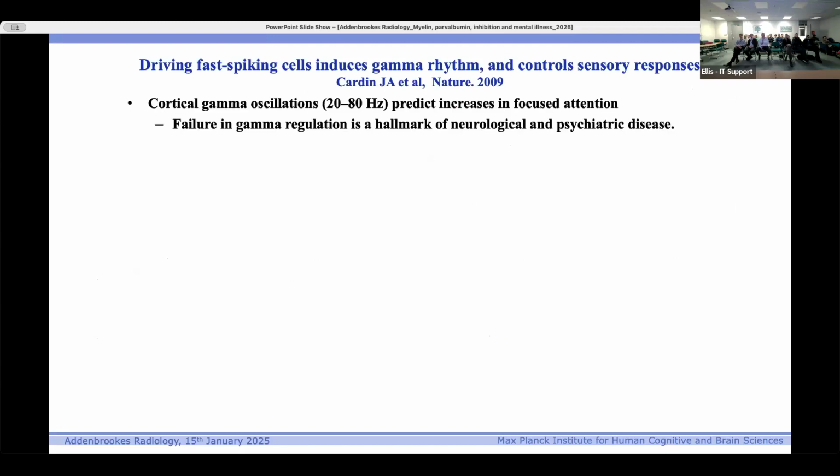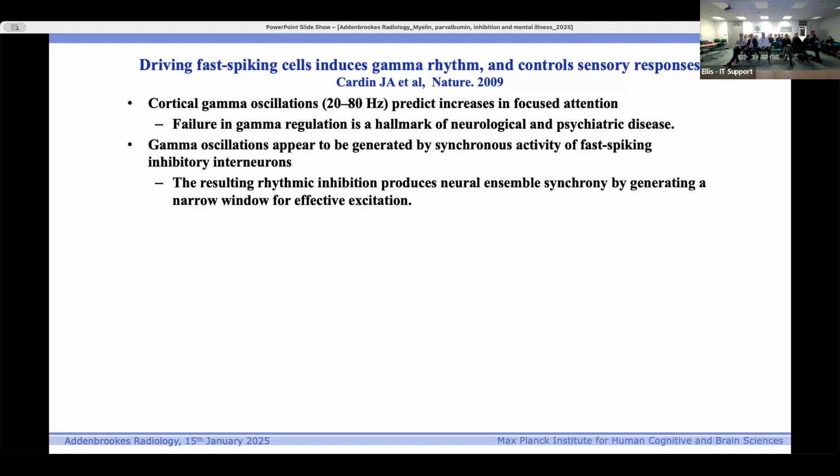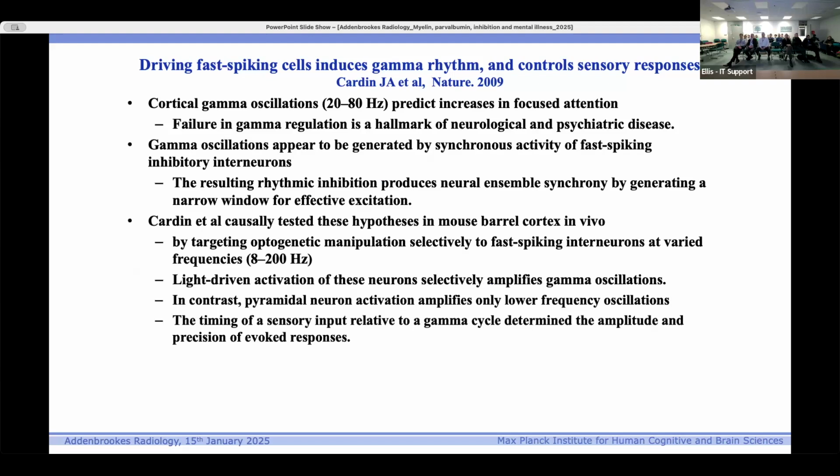I'm now going to show a few slides underlining what I've just been saying. This is work by Cardin et al., published 2009. If you drive fast spiking cells, you can get gamma rhythm and can control sensory responses. This is in mouse barrel cortex in vivo.